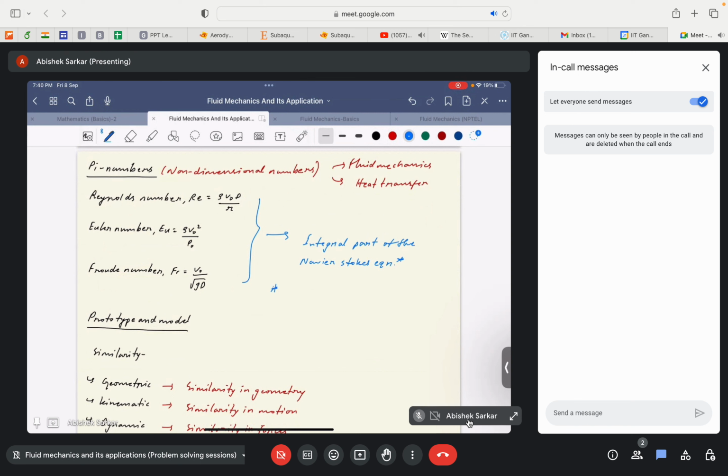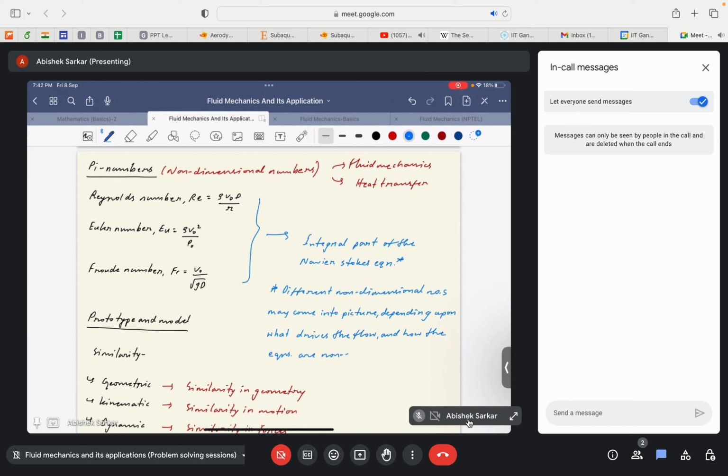So let me just write it. Different non-dimensional numbers may come into picture depending upon what drives the flow and how the equations are non-dimensionalized.